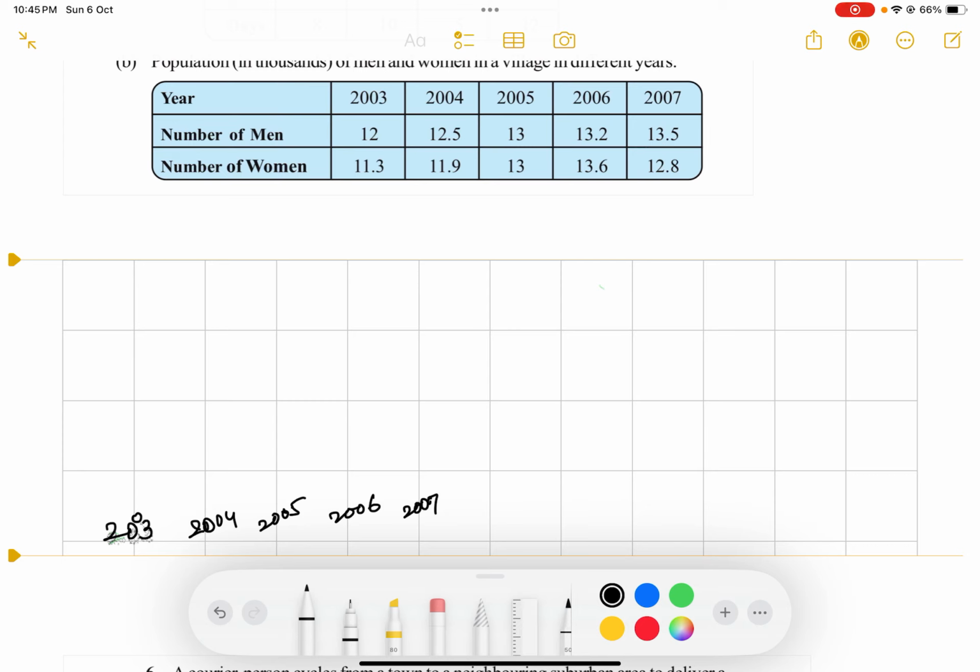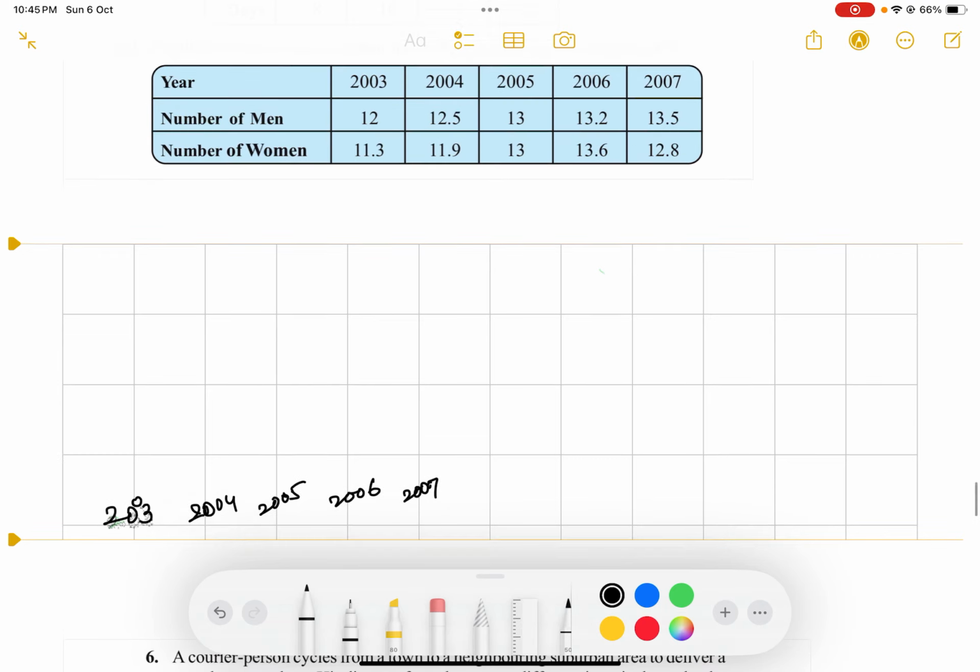Okay, and now the number of men and number of women is given. So I draw the men as dotted lines, and women as a dark line. Like that I will draw now. So what is the data given?